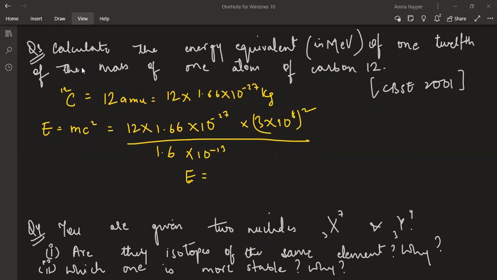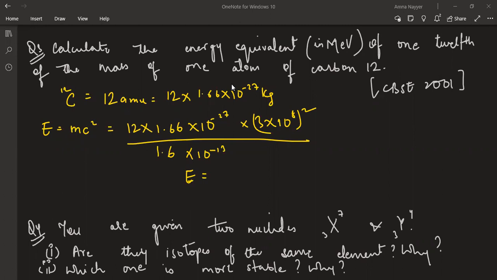Ma'am, it's 1/12 of the mass of one atom of carbon 12, right? Yes. My question says 1/12, so it will be one atomic mass in it, right? No, 1/12 of mass of one atom of carbon 12. See, mass of one atom, we have to find it out.